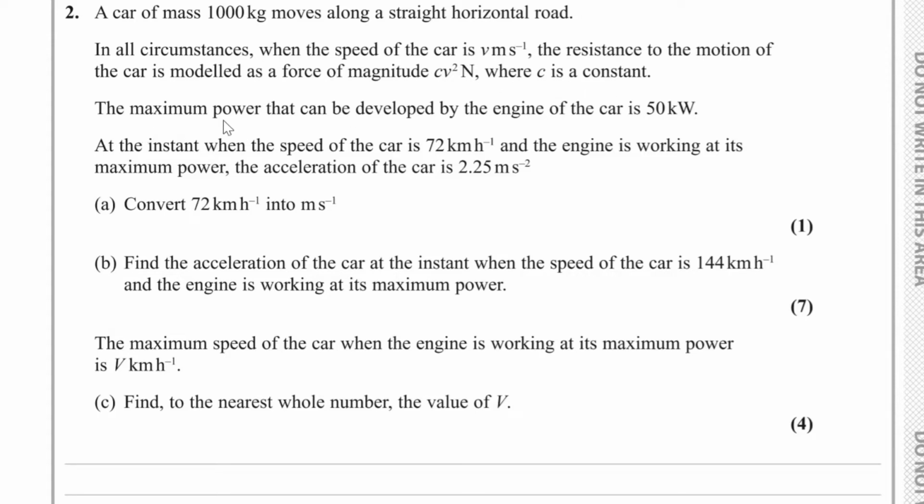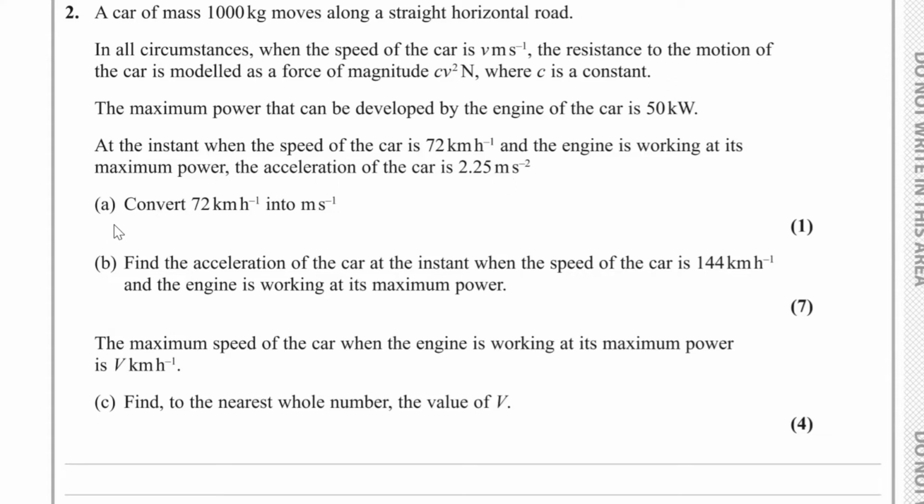The maximum power that can be developed by the engine of the car is 50 kilowatts. At the instant when the speed of the car is 72 kilometers per hour and the engine is working at its maximum power, the acceleration of the car is 2.25 meters per second squared.